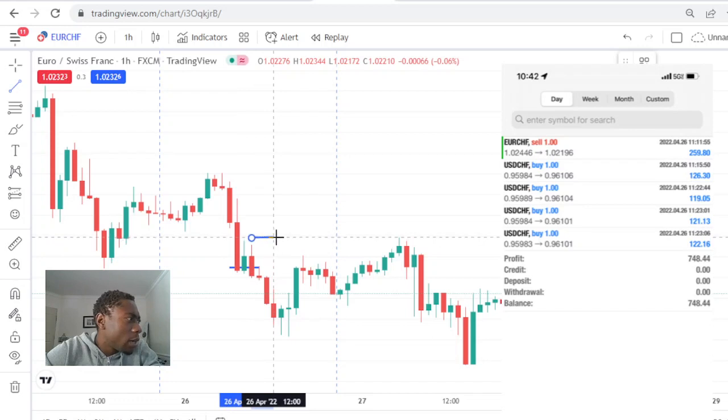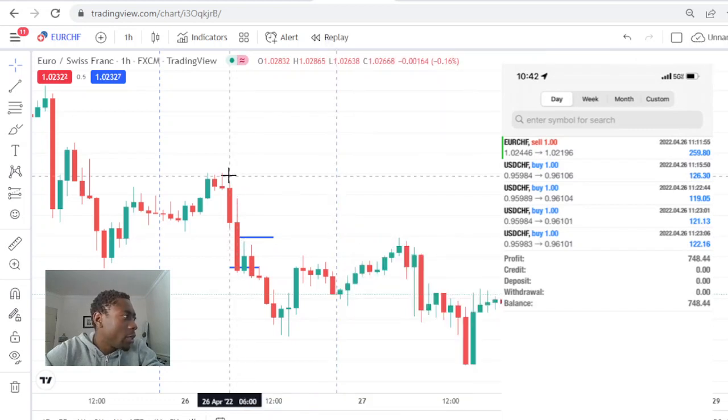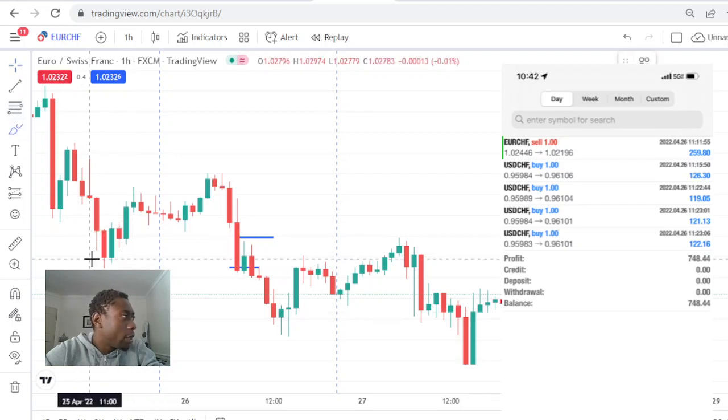So I put a stop roughly a pip above this area right here, knowing that if price was going to break this based on price action, it was going to ultimately head all the way up here. And this is just my next level, according to price action, the level I base my trade off of.